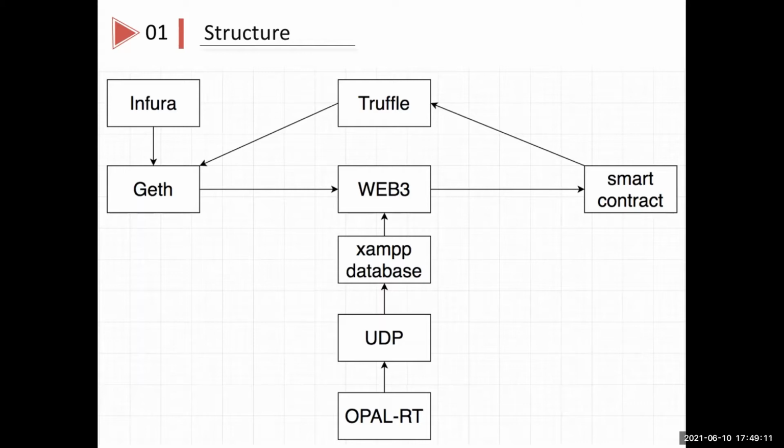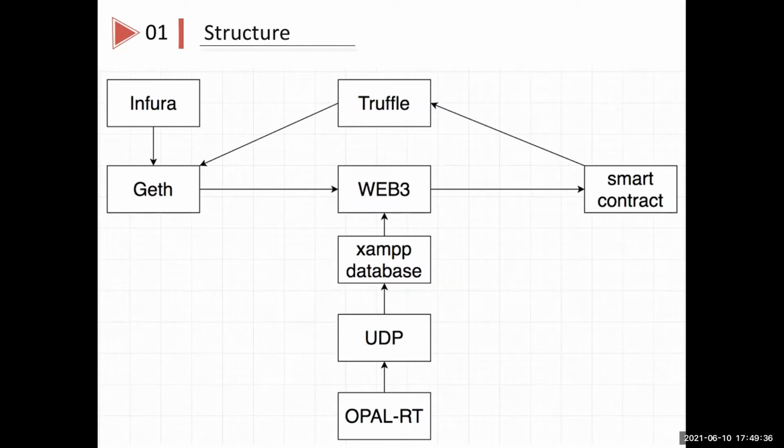And then we use Geth, Go Ethereum, which means our blockchain project is set up based on the Ethereum platform. Then we use the Web3 package to connect our smart contract with our blockchain, and use the Truffle package from Node.js to deploy our smart contract on our blockchain.